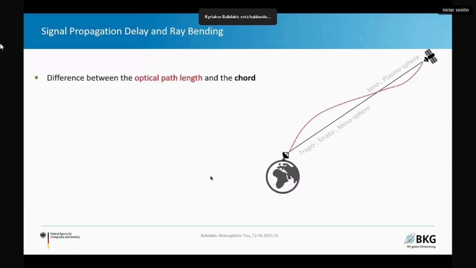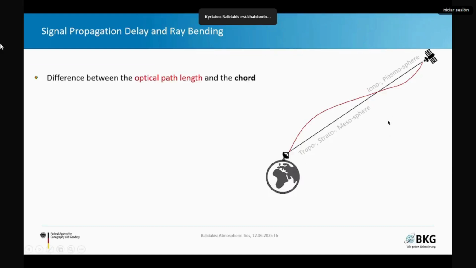So, the signal propagation. What we want to know in space geodesy is the difference between this red line and the black line. The black line symbolizes the time it would take the signal to come from the satellite to the station if there was no atmosphere.